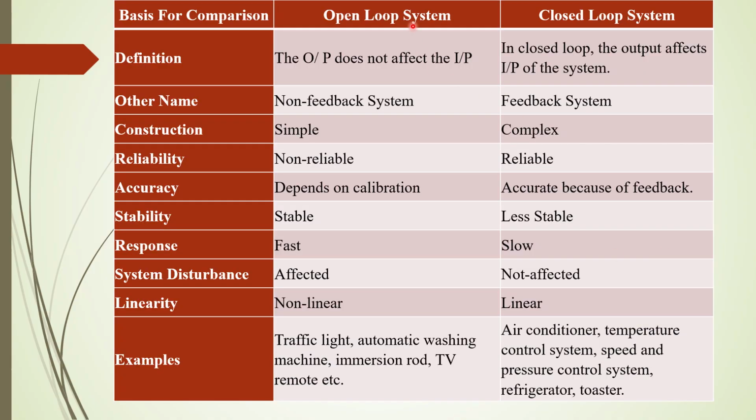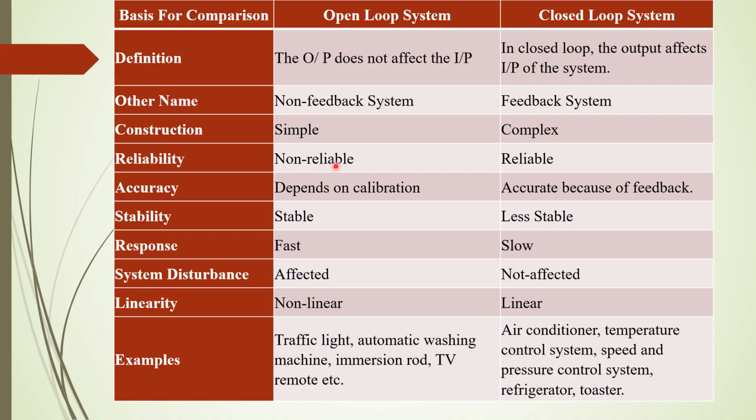The difference between open loop system and closed loop system: an open loop system is also called a non-feedback system. A closed loop system is called a feedback system. An open loop system is very simple in construction, whereas a closed loop system is complex in construction.